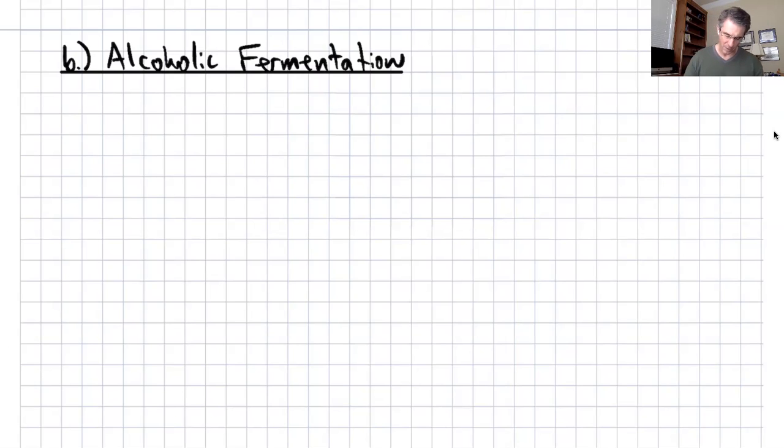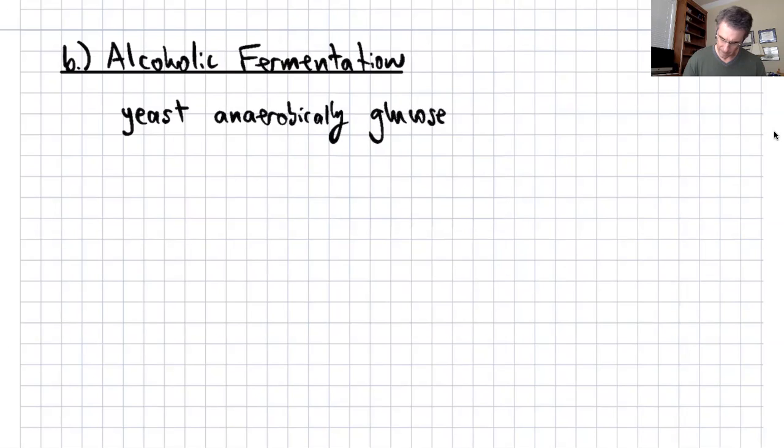When yeast are growing anaerobically, and there's enough glucose available, or there's a large carbon source available, on glucose, right?